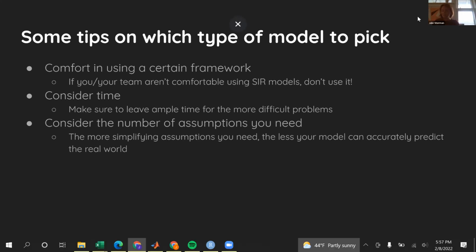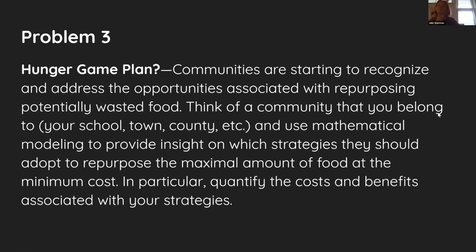With just a few more minutes here, I did want to show you the third problem. So far in this workshop, we haven't really looked at the third part, but there are 3 parts of every challenge. So I think it's important that we at least think about what kinds of questions they might ask. In the third part of the problem, it asks to think about your own community.